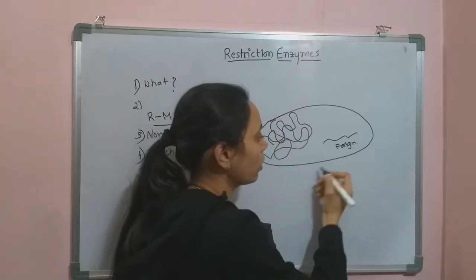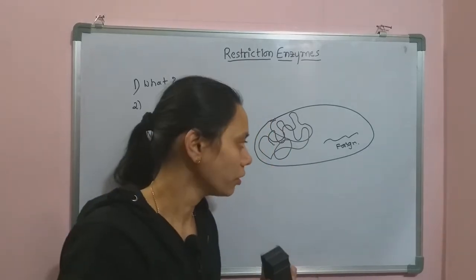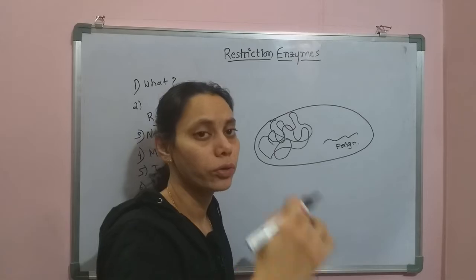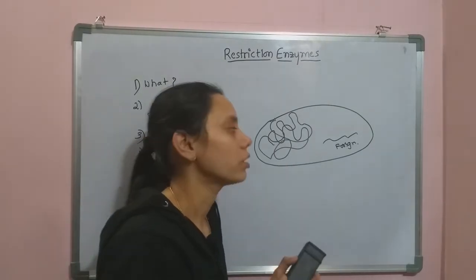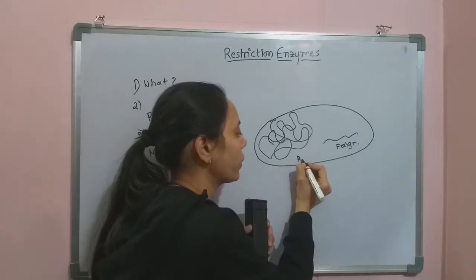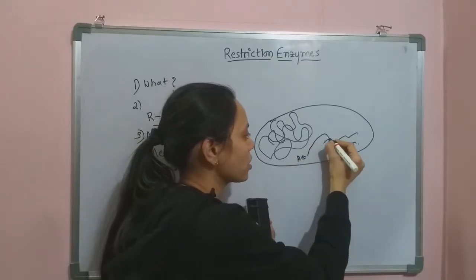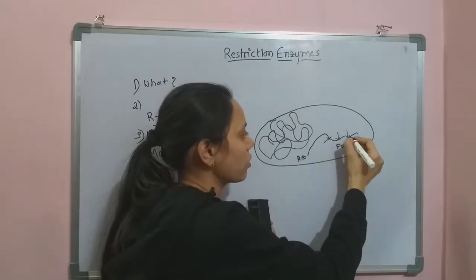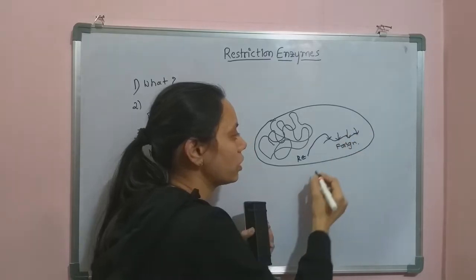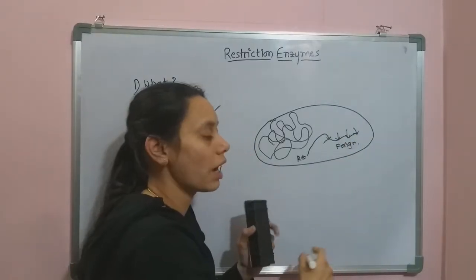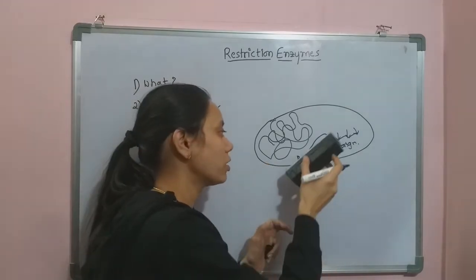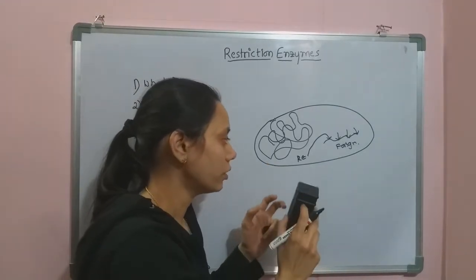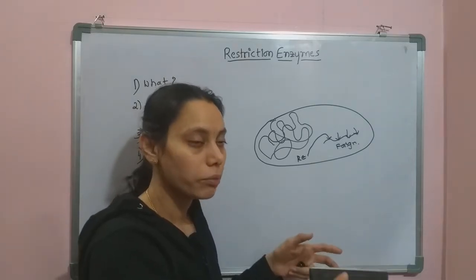This may be phage DNA, that means the phage is able to inject its DNA into the bacterial cell. What will happen? These restriction enzymes will be active and will cut the foreign DNA so that it is no longer active and cannot hijack the host enzyme machinery. That is how the foreign DNA will be eliminated.